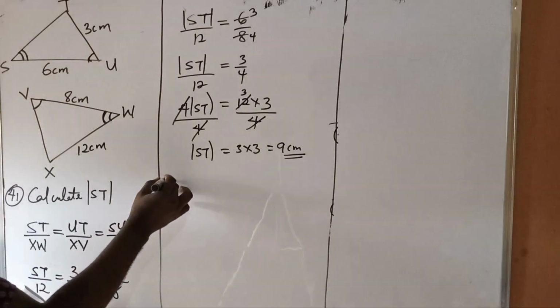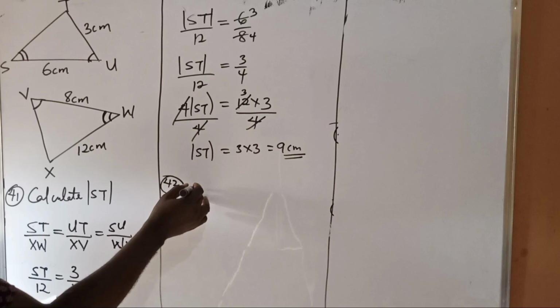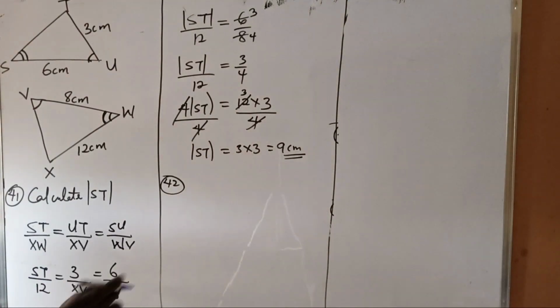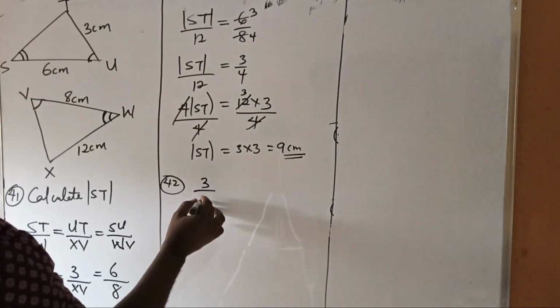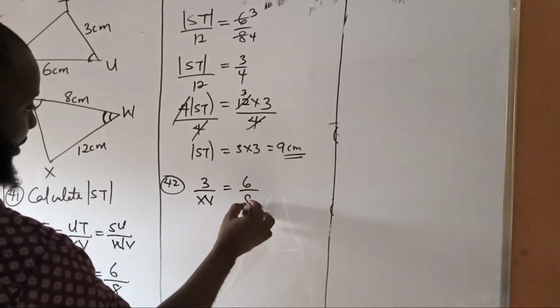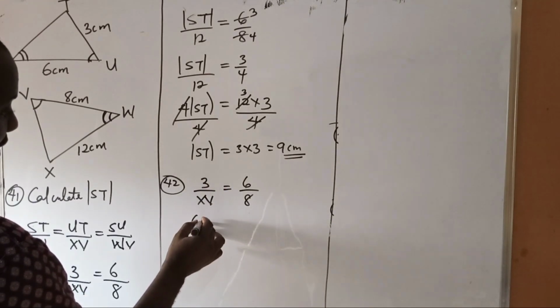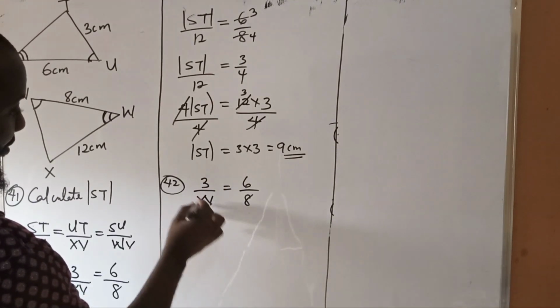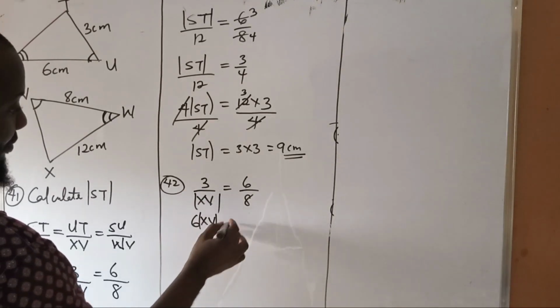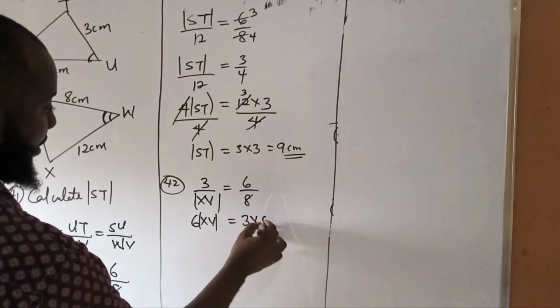Then 42 asks us to find the value of XV. Calculate XV. So we can combine this and that, which would be 3 over XV equals 6 over 8. Cross multiplying, we have 6XV equals 3 multiplied by 8.